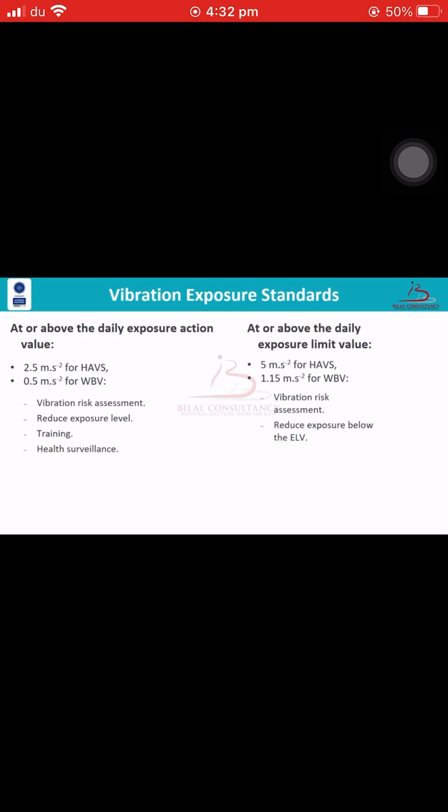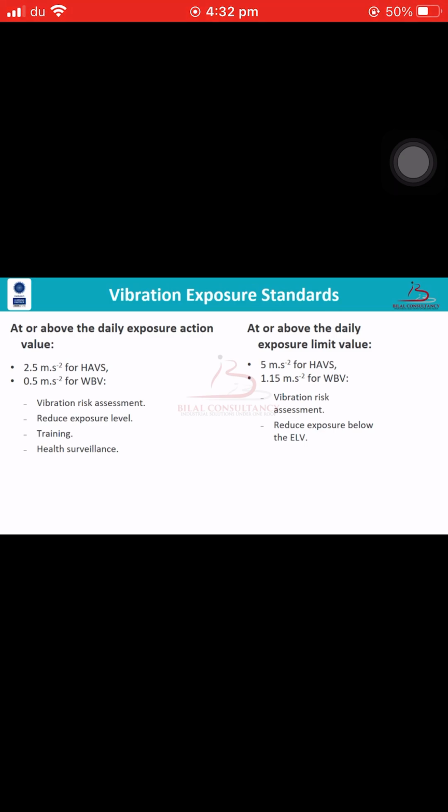At or above the daily exposure action value of 2.5 for hand-arm vibration or 0.5 for whole body vibration, we need to conduct a vibration risk assessment, reduce the exposure level of our employees, give training to the employees, and also conduct health surveillance in order to know how much our employees are affected by vibration at the workplace.